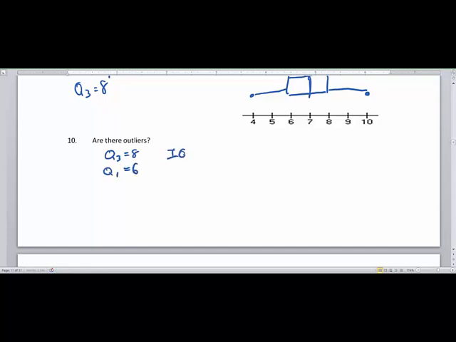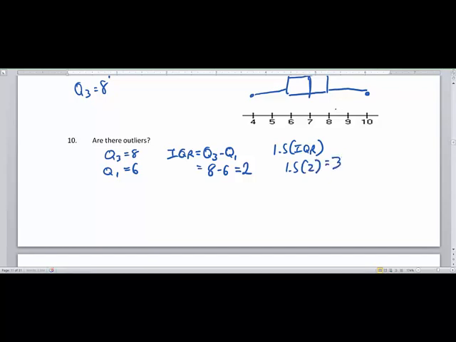Now our IQR, to remind ourselves here, was Q3 minus Q1, so that is going to be 8 minus 6, which is giving you 2. Then we take our 1.5 and multiply it by our IQR, and this gives us 1.5 times 2, and our answer there is 3.